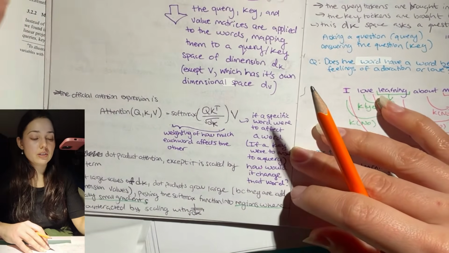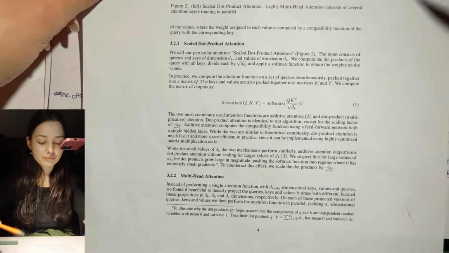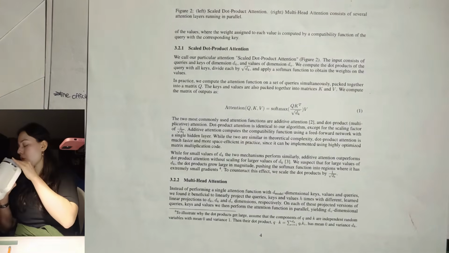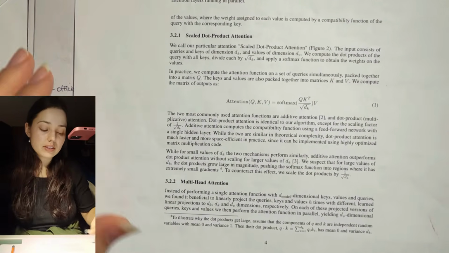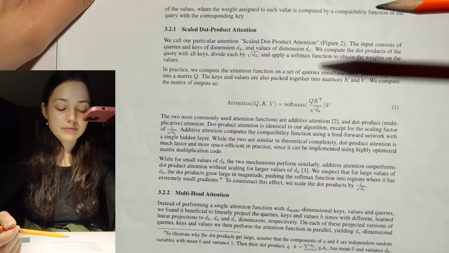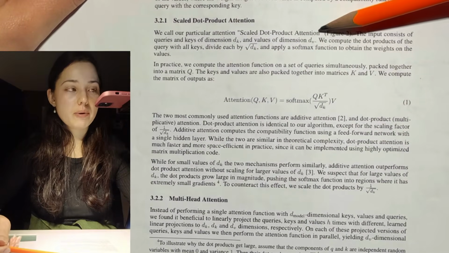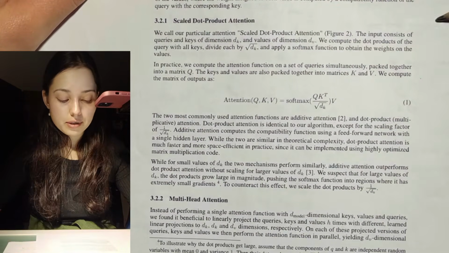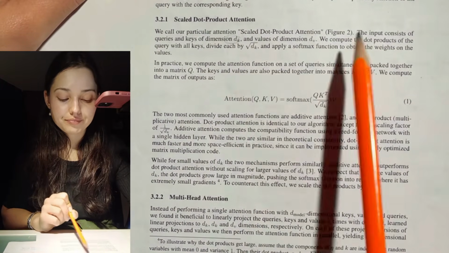Okay, so now we're going to get into this equation, which we have to read the next part to discover. It says, we call our particular attention scaled dot product attention. The input consists of queries and keys of dimensions dk.